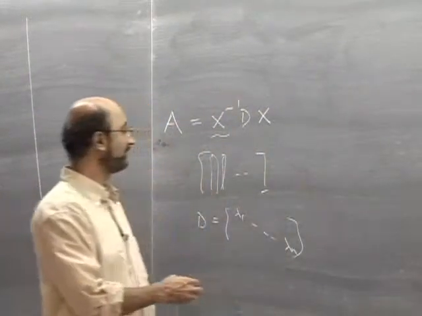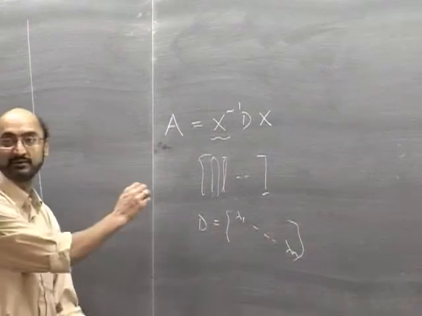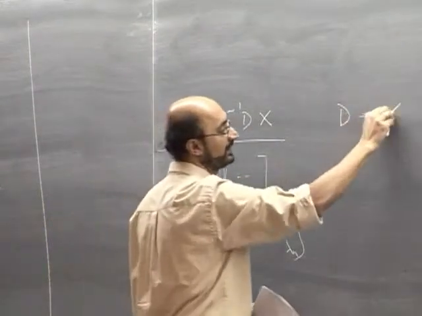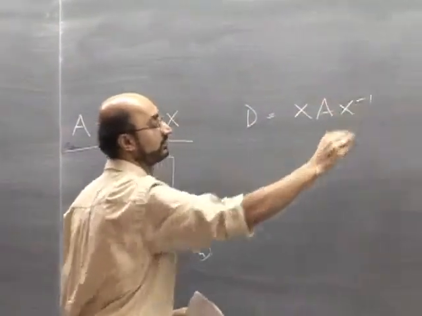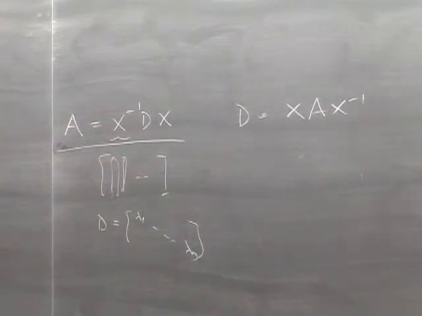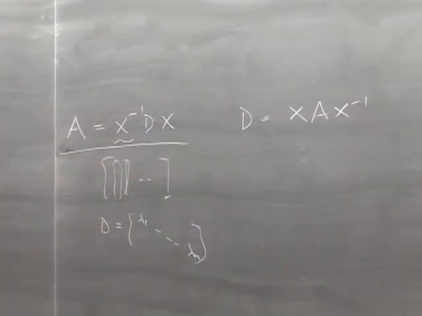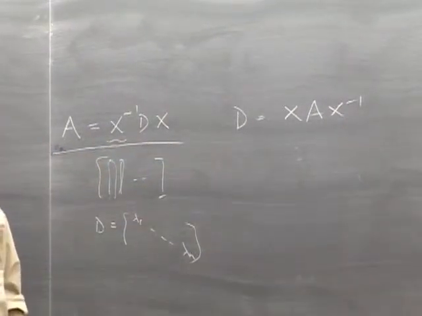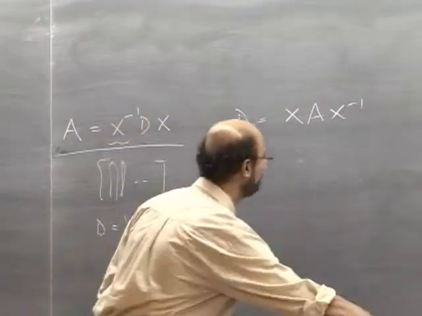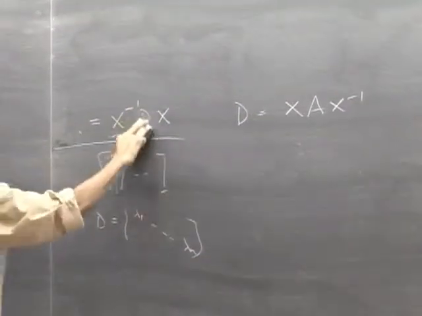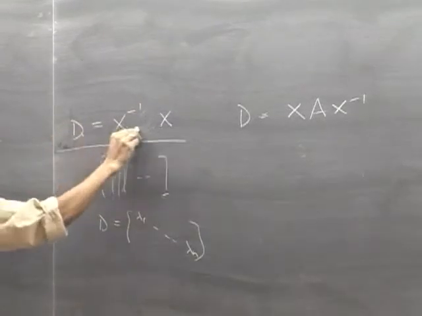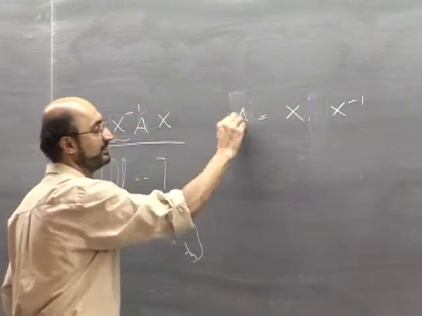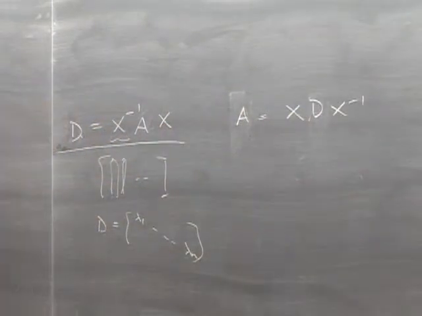Okay, and I think I got a bit confused. So I just wanted to explain that if A is X inverse DX, then D becomes X A X inverse. Oh wait, I messed this up again. Okay, so D is X inverse AX, and A is XD X inverse. There you go, I got this right this time.